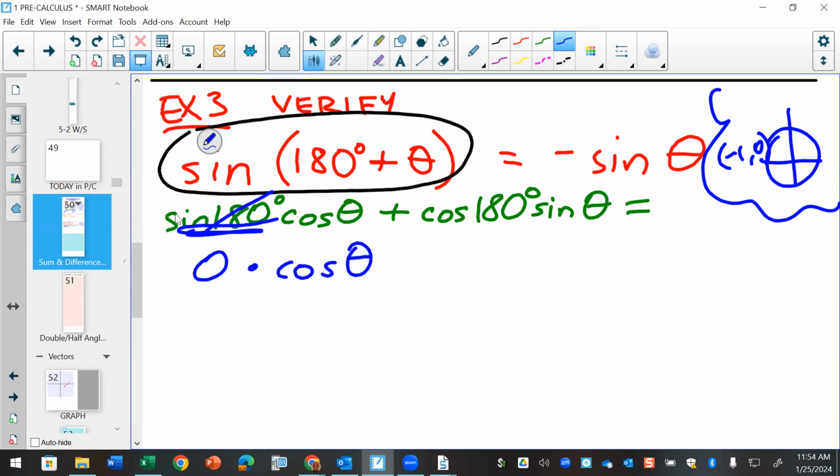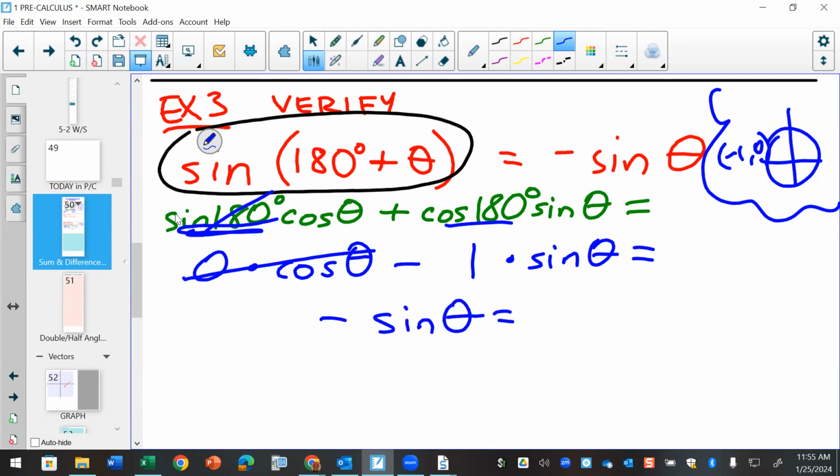But what's cosine of 180? -1. And now do you see we're done? Because what's 0 times anything? Poof is what it equals. And then -1 times sine is negative sine. And look at that. That's exactly what we were trying to get it to equal. So someone run up here and write QED.